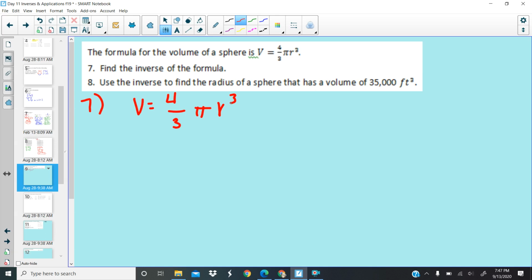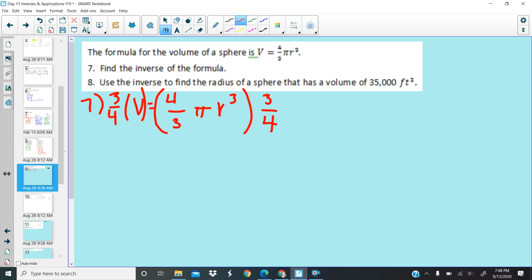Working in order, we need to get the r by itself, and the last thing we're going to get rid of is the cubed. So the first thing we need to do is get rid of the 4/3. Like we were talking about earlier, to get rid of a fraction in front of something as a coefficient, you just multiply by the reciprocal. So the first thing I'm going to do is multiply by 3/4 on both sides.